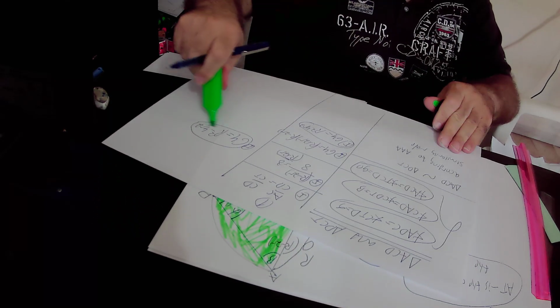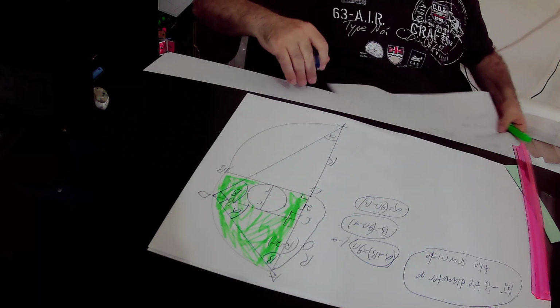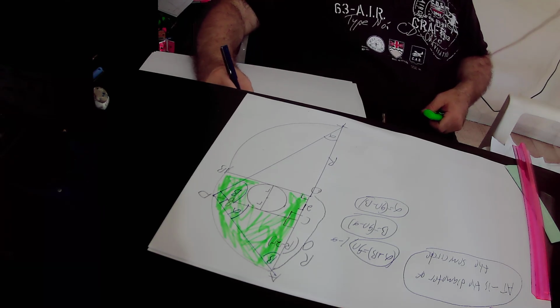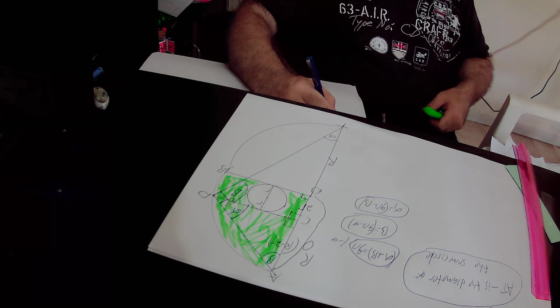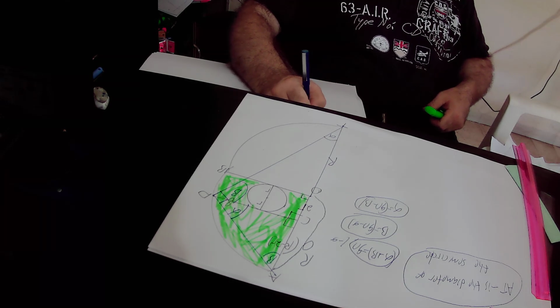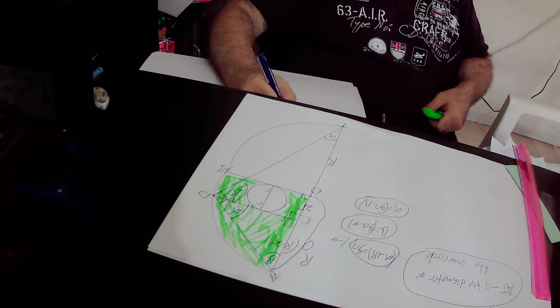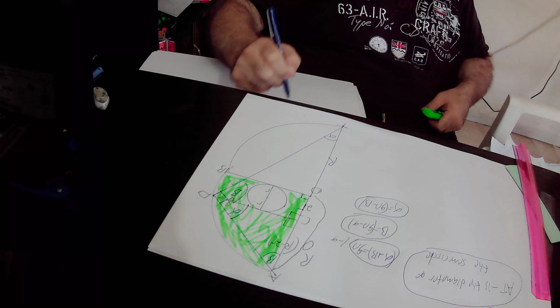But what is actually the area of the green shape? The area of the green shape equals the area of the quarter circle minus the area of the small circle.